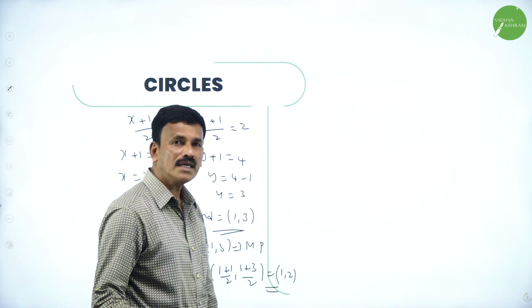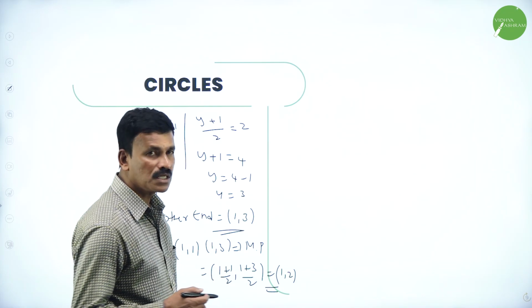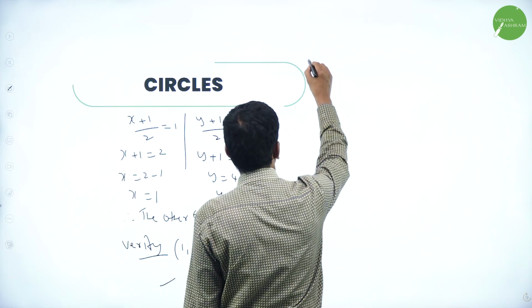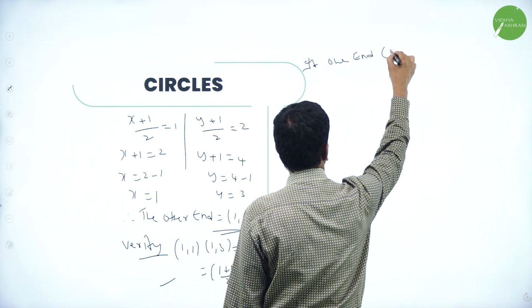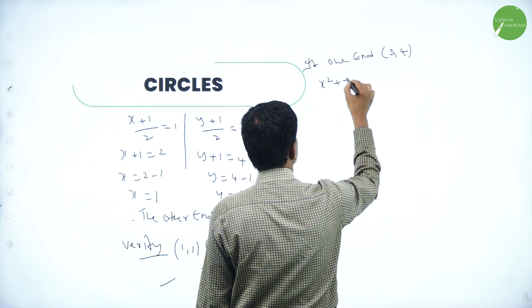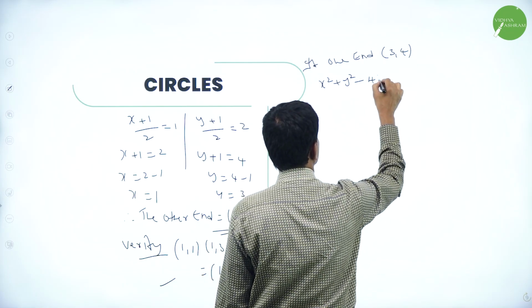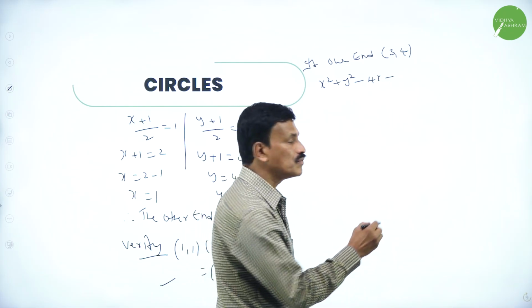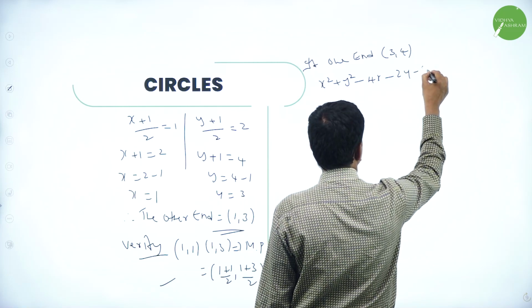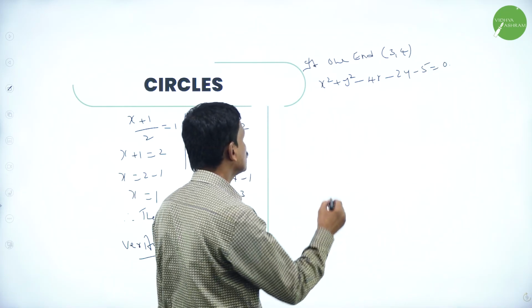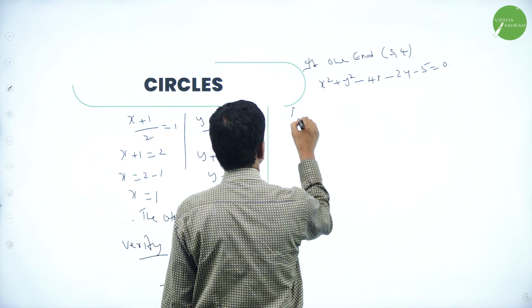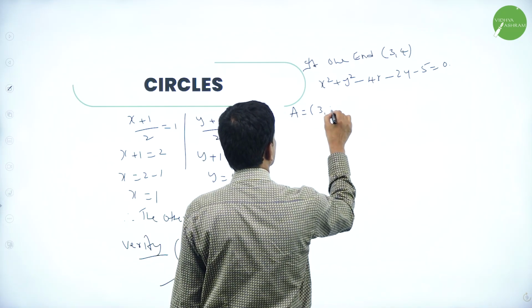Now let us take a similar type problem. Suppose one end of the diameter is (3, 4) and the equation of the circle is x square plus y square minus 4x minus 2y minus 5 is equal to 0. Same type of problem. Find the other end of the diameter. One end is given, A is equal to (3, 4).